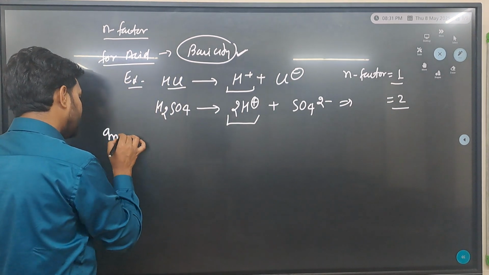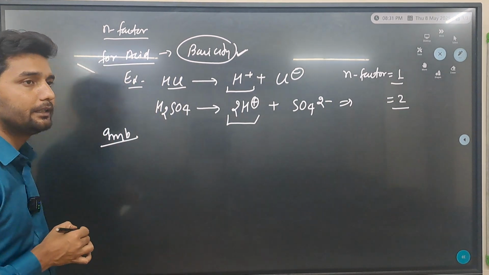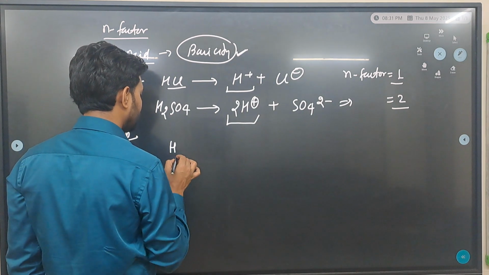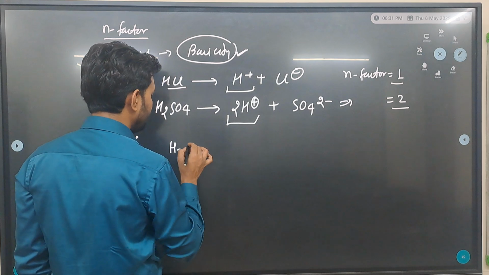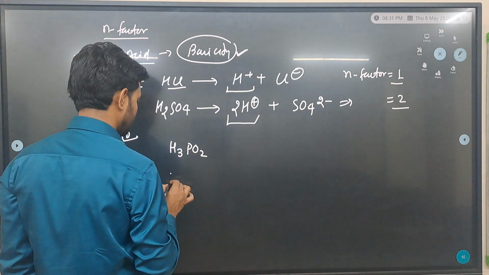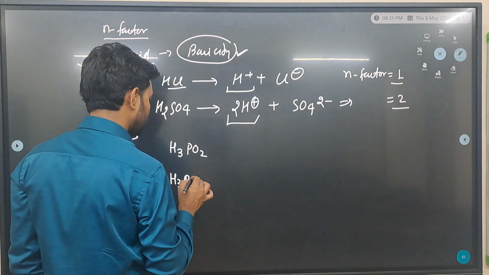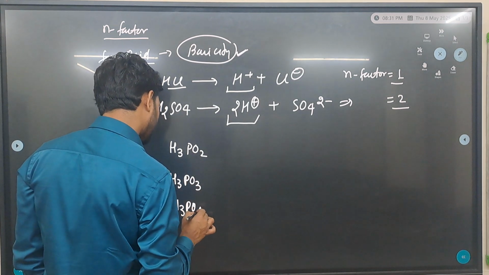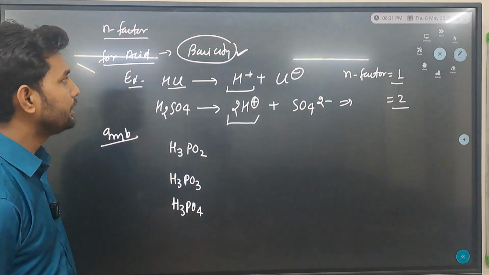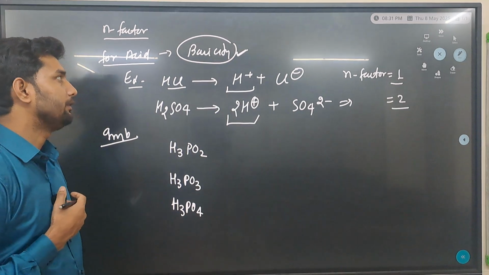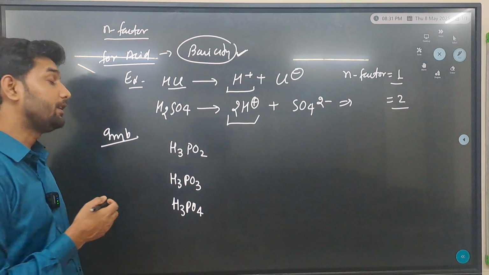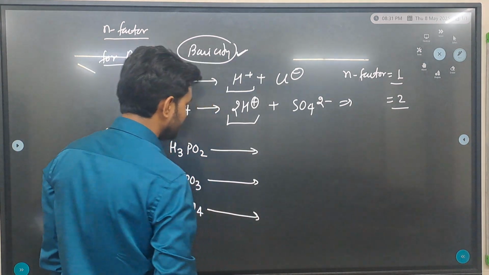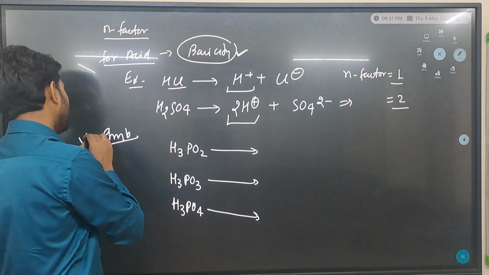If we take some important examples like H3PO2, H3PO3, H3PO4, then what will be the basicity for these particular acids? These are very important.